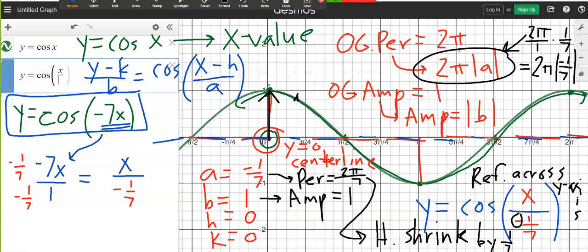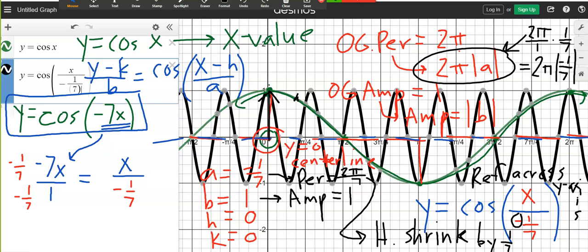So we have x divided by negative 1/7. Remember we said it was a horizontal shrink? And significantly? Yes. Very significant.